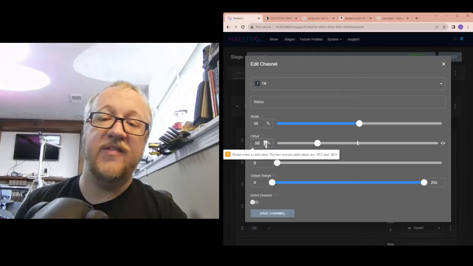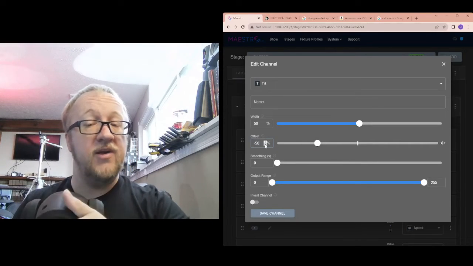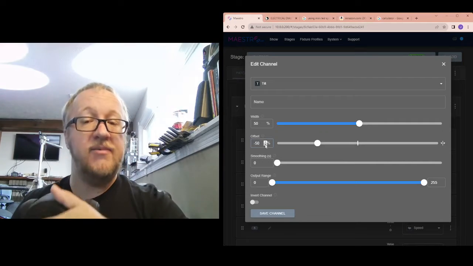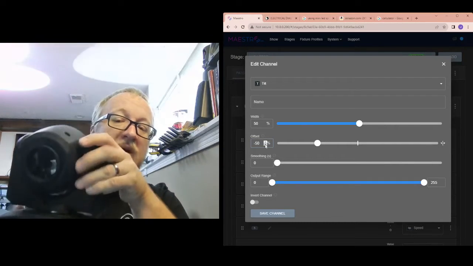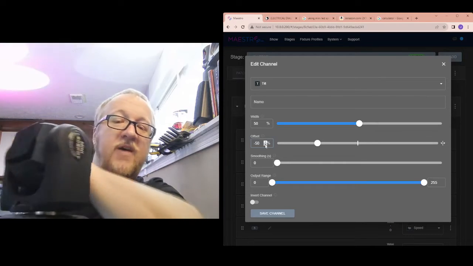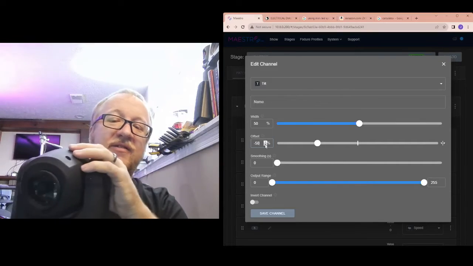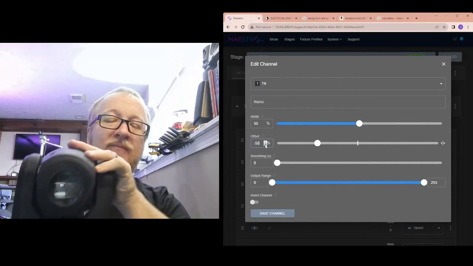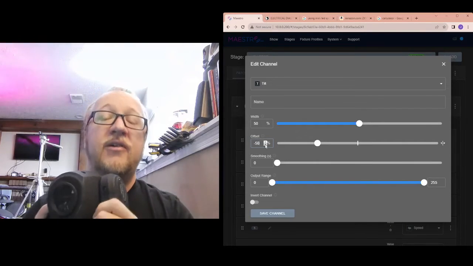More than likely, like I said, those defaults that Maestro sets for width are probably going to be pretty close to what you want already. Just play with that offset a bit, find that center, so you get your fixtures pointing forward and sweeping the crowd like you normally would want. So it's not facing backwards, it's not lighting up the wall, it's not lighting up the DJ, it's just lighting up that crowd.